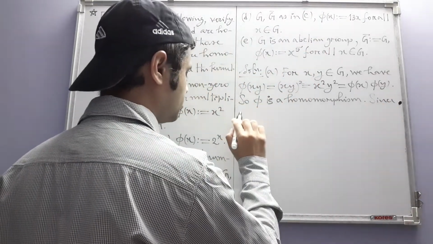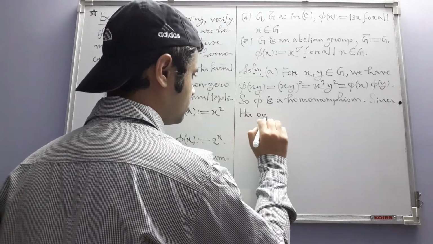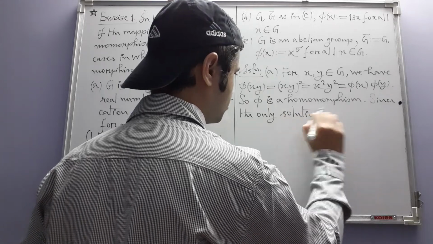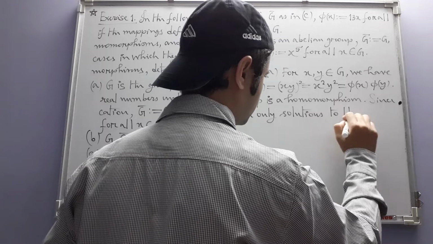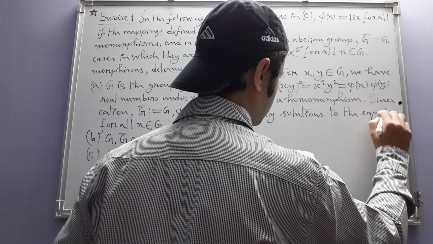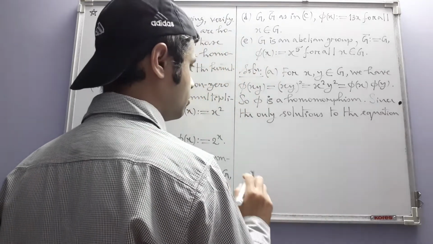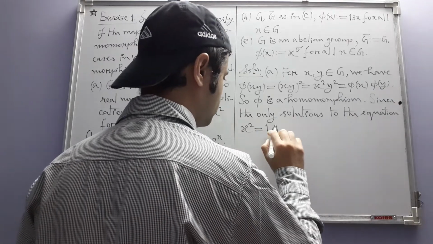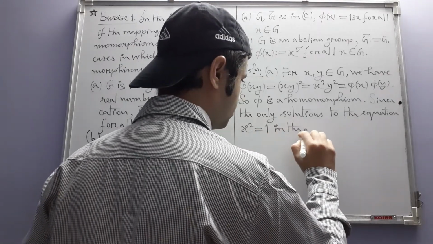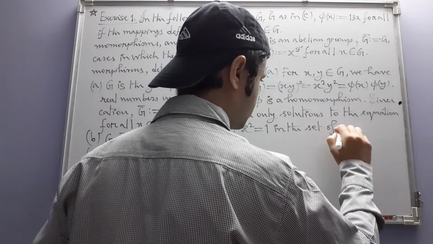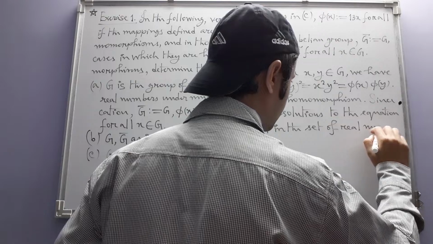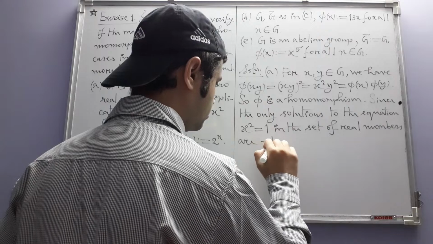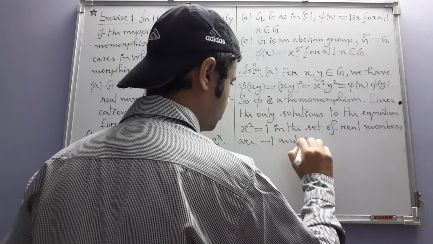since the only solutions to the equation x square equal to 1 in the set of real numbers are -1 and 1.